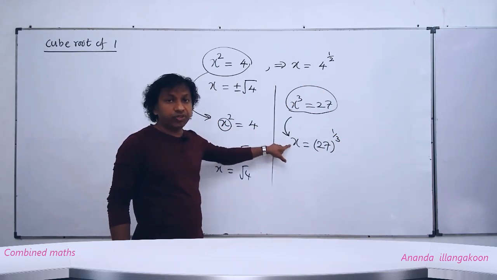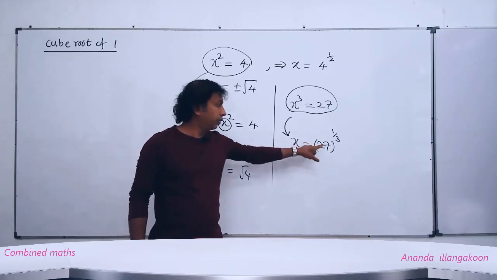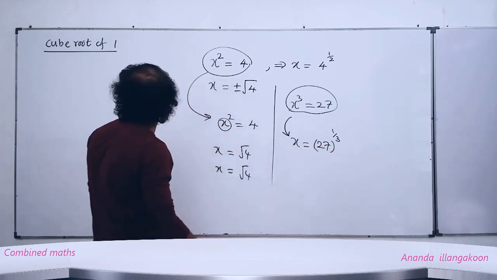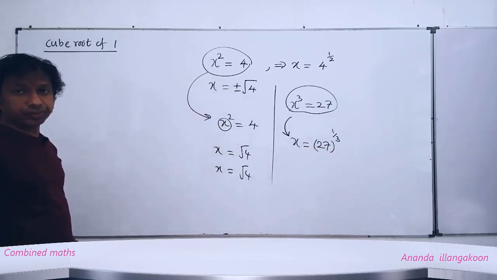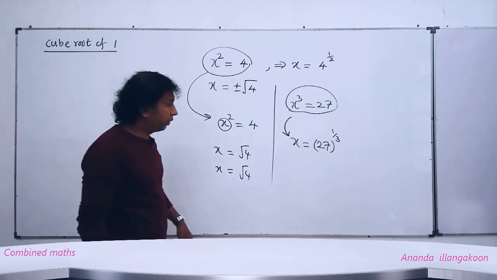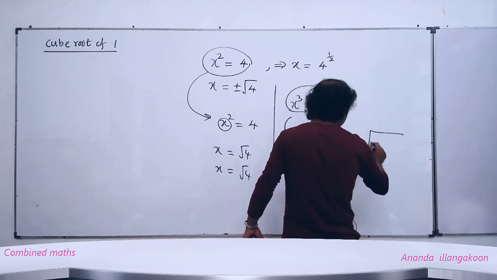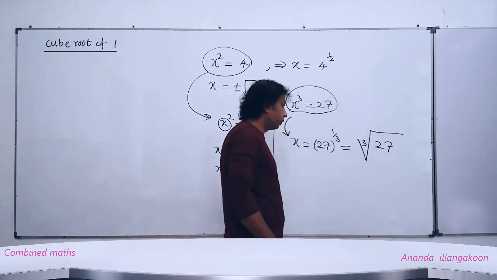The answer of x gives us cube root. 1/3 power means cube root of 27. So this one again we write this way: 3 here, 27 here, cube root.